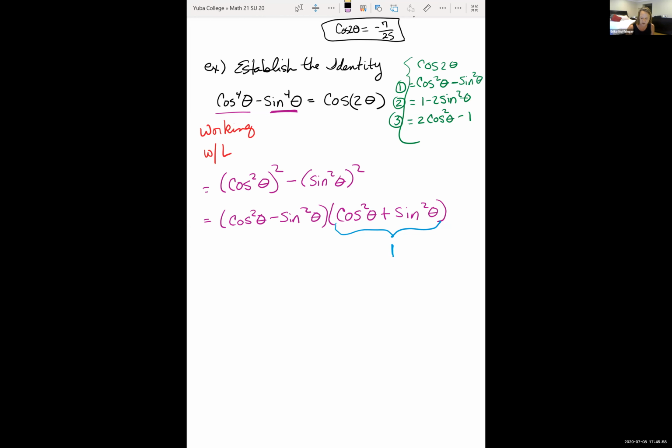Notice our first parentheses is cosine squared theta minus sine squared theta. And so this is just equal to that because it's times 1. Okay. Which equals cosine 2 theta.